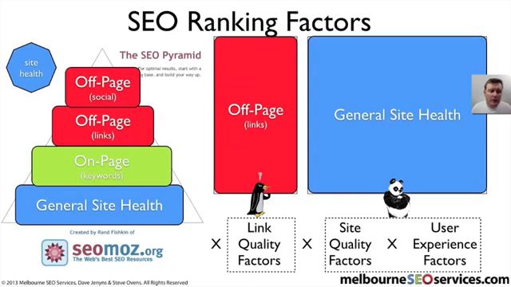And then finally, you've got to make sure that your off-page links are healthy, that you're getting links from relevant, authoritative sites in your market space that are helping you to rank for the keywords that you're going after. Just as an aside, when we look at links, internal links between your pages are also important.